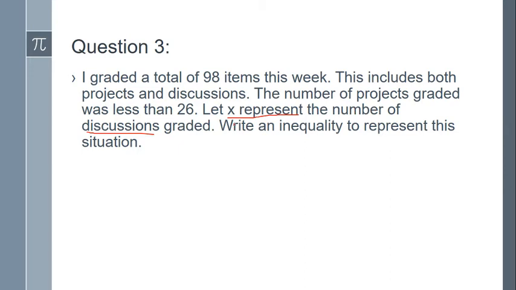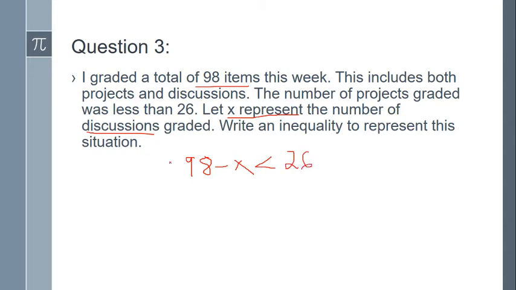So we're going to try to write an inequality that represents that. The way that I think about it is, if I had a total of 98 items graded, here's my 98 total items. If I subtract away the number of discussions graded, so suppose I have the 98 and I take away the number of discussions, then that would mean that the number of projects graded here is going to be less than 26.